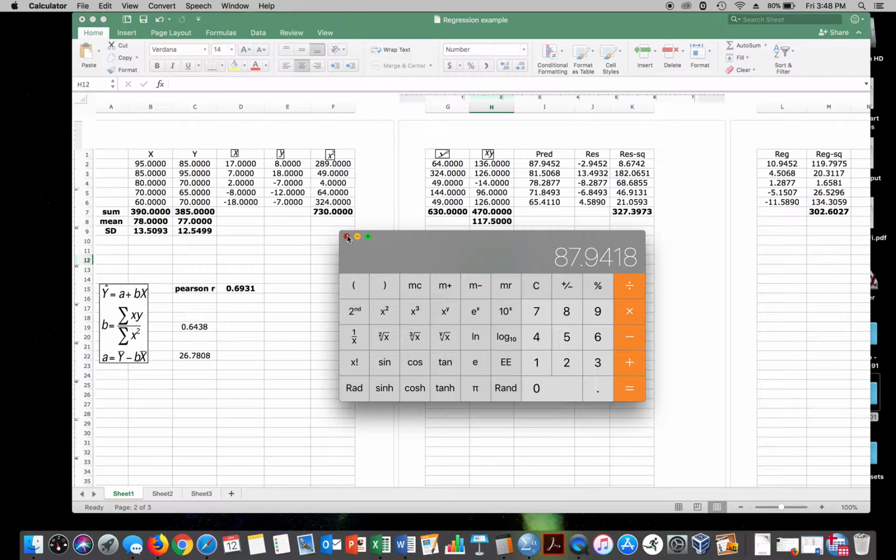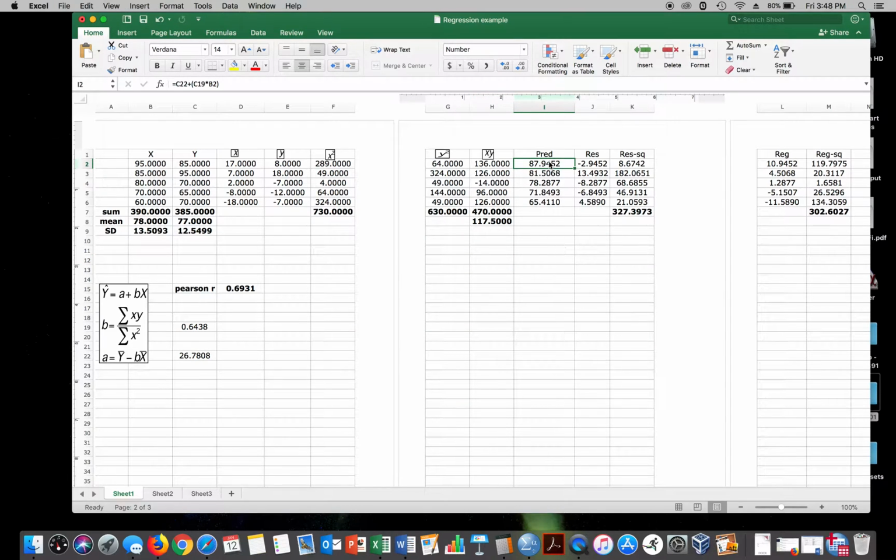Now, we have error in our prediction, don't we? Each predicted value is going to have error. If we take what we predicted, that's what we predicted, but that's not what we got. What we got was 85, and so 87.9452 minus 85 is what we call a residual.